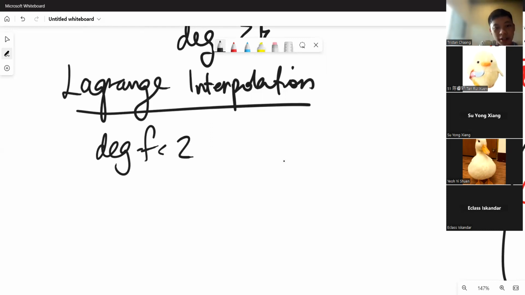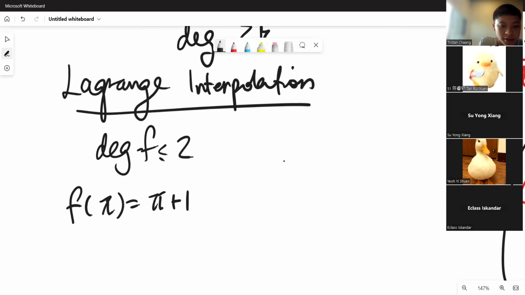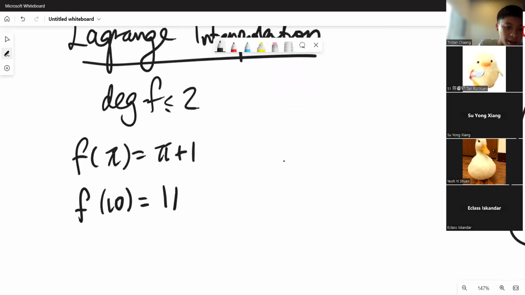So it's either a linear, a quadratic, or constant. But you want f of pi to be pi plus 1. You want f(10) to be 11. And you want, I'll give any number, I don't know, 7. Let's say it's 8.